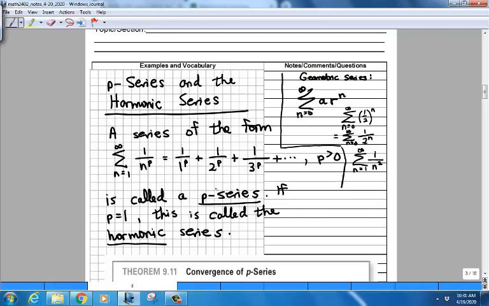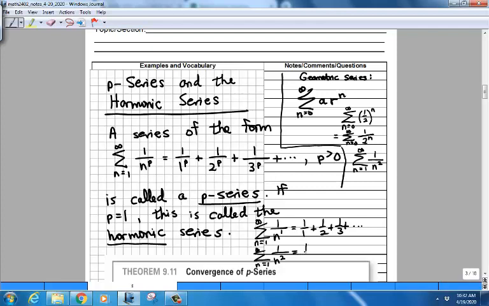We've already seen a famous example of a P-series here. When this power is 1, that would correspond to this series. That is the harmonic series that we already mentioned earlier in the lecture. But if, for instance, the power P is 2, then your series looks like this: 1 over n squared.